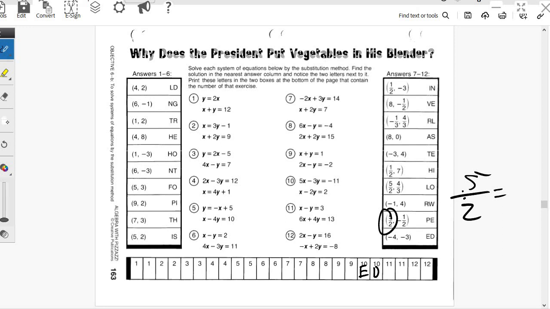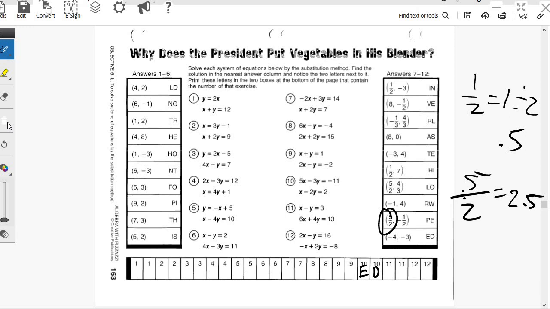If you did 5 divided by 2, it'll be 2.5. Use your calculator, it's okay. And let's say you get a half. That just means 1 divided by 2 is equal to 0.5. If you really are struggling with fractions, just change it to a decimal by dividing.